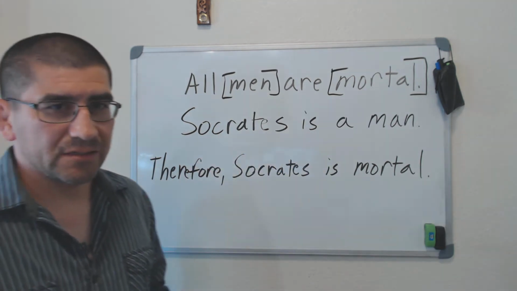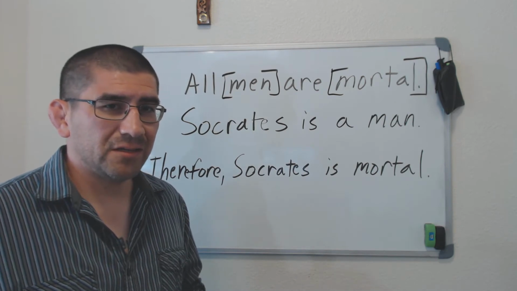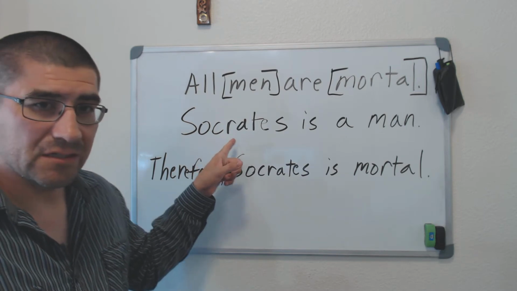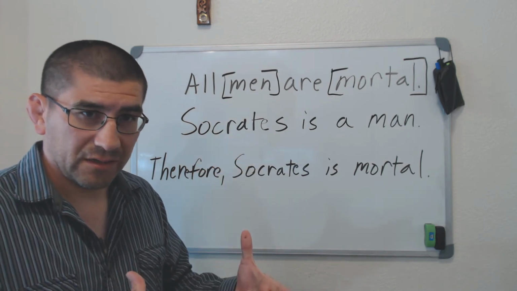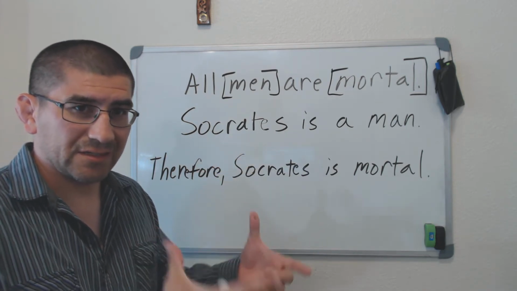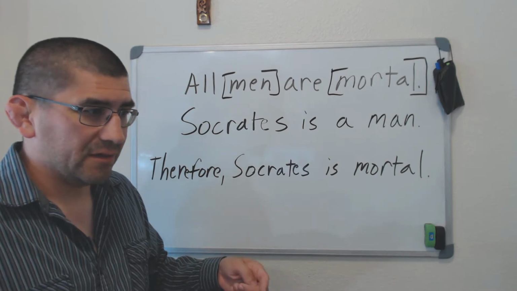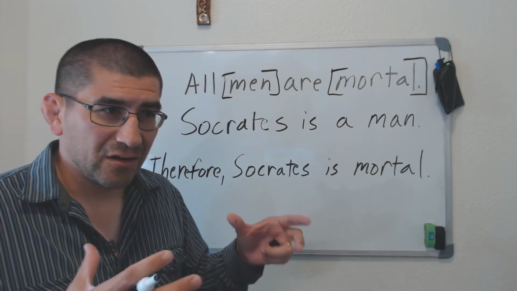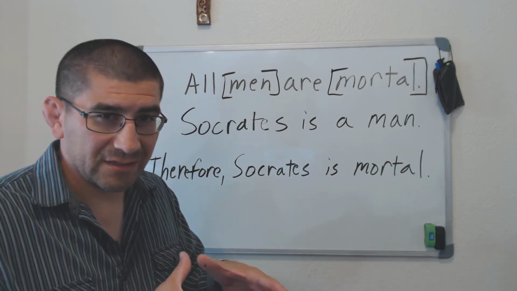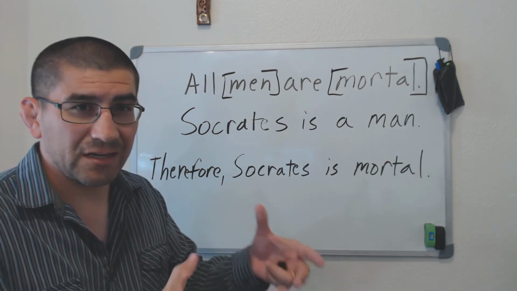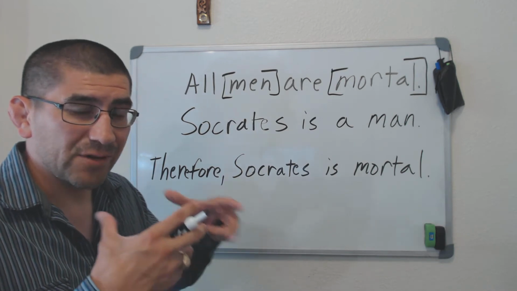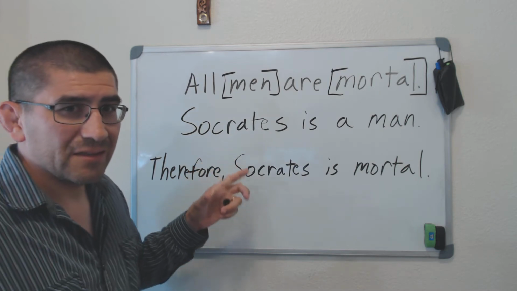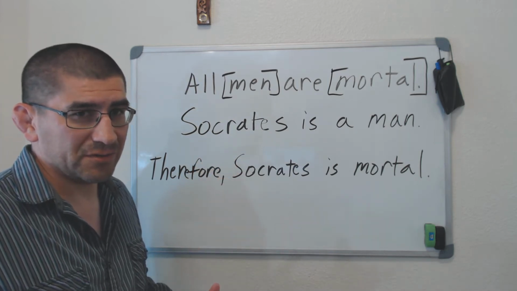Then we have Socrates is a man. This is what's called a singular proposition, because Socrates is one person. He's an actual person that existed. If there's an actual town that existed, or an actual dog that existed, like a dog named Fido, and we have those in our proposition, then it turns into a singular proposition.